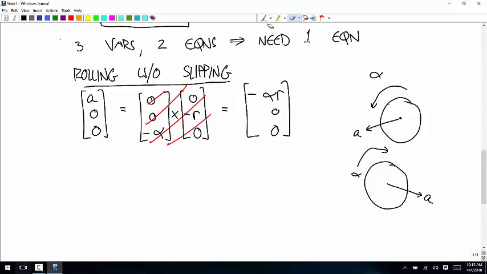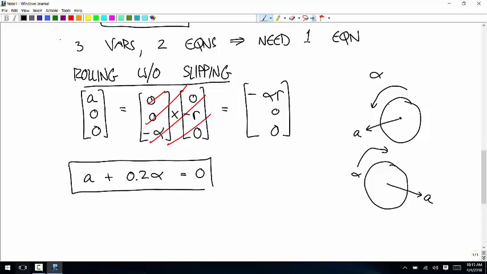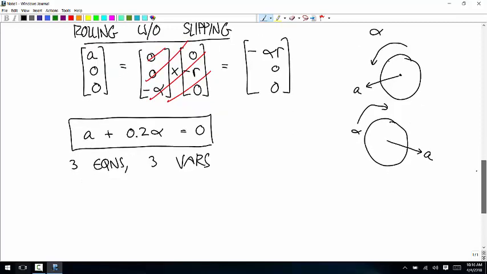Okay, so our last equation, I can write it as A plus 0.2 alpha is equal to 0. And now we have three equations for three variables. And we can solve it.